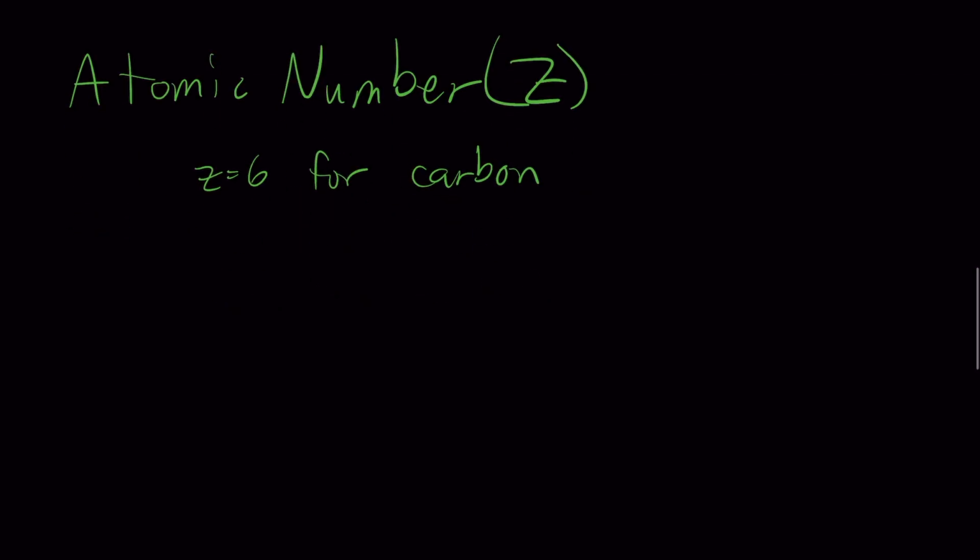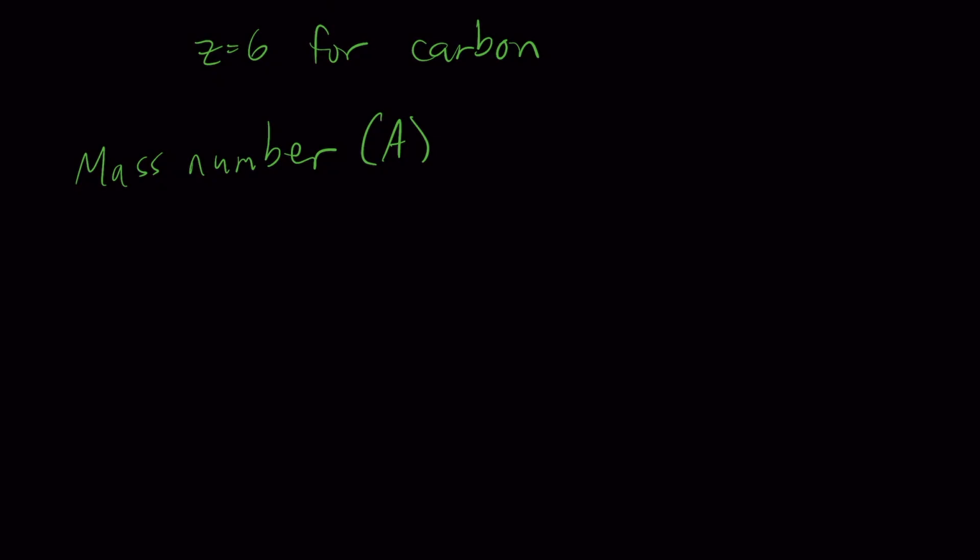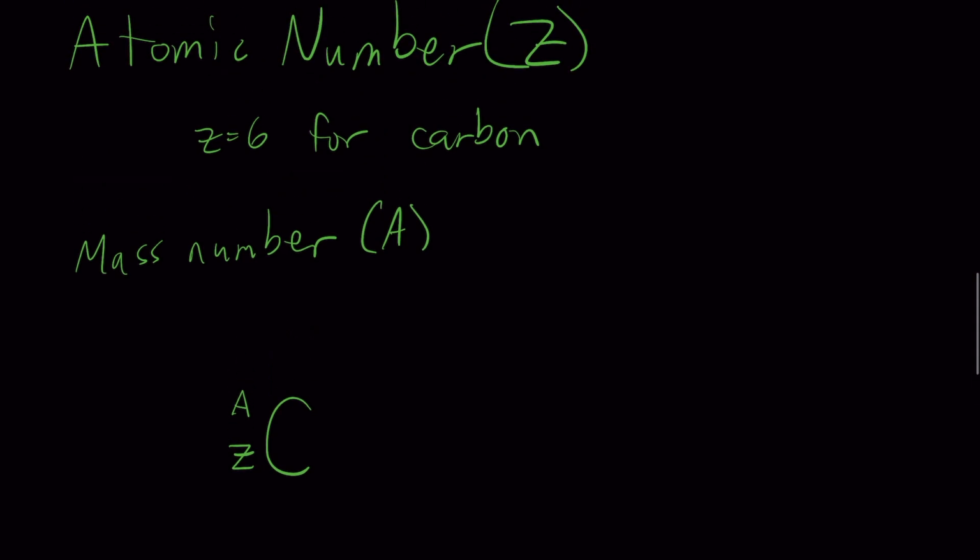Now, this top number is going to be the mass number. Mass number is A. So for C, this is carbon, we're going to have A on the top and Z on the bottom. Z is the atomic number. Carbon has 6 protons, so we write C with 6.